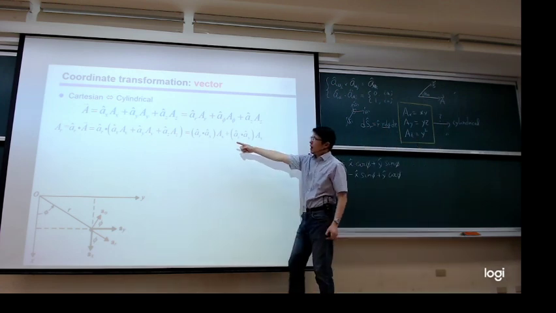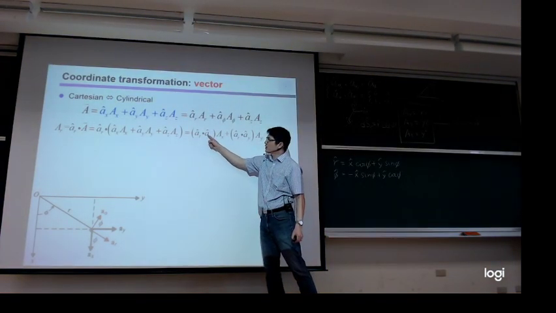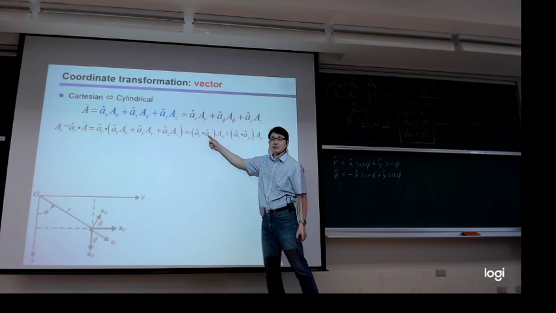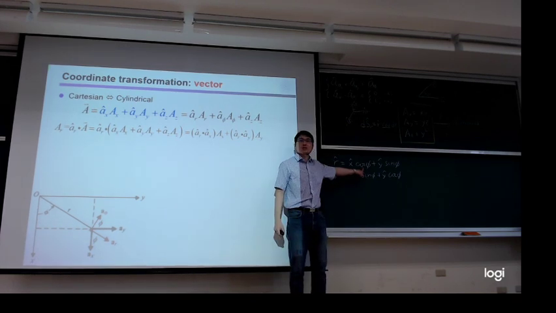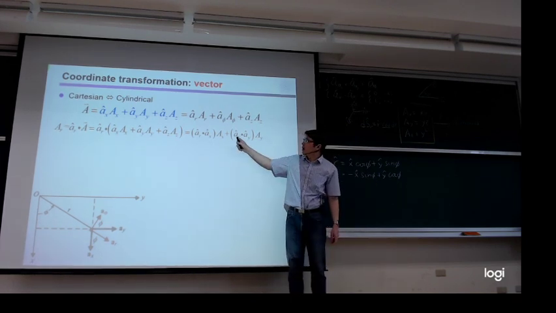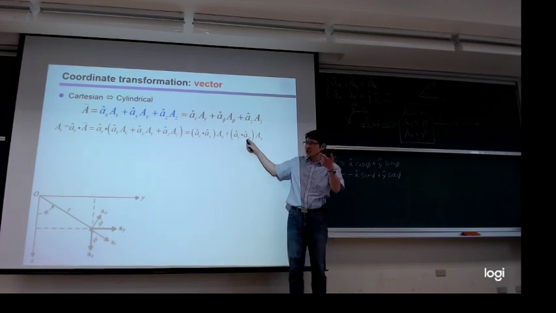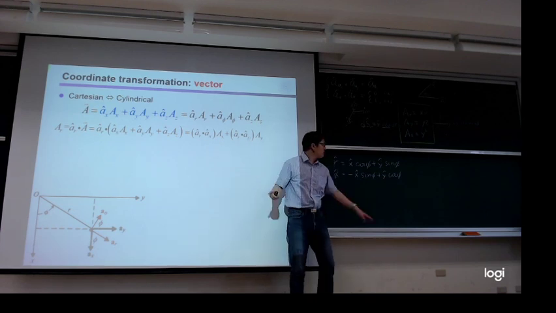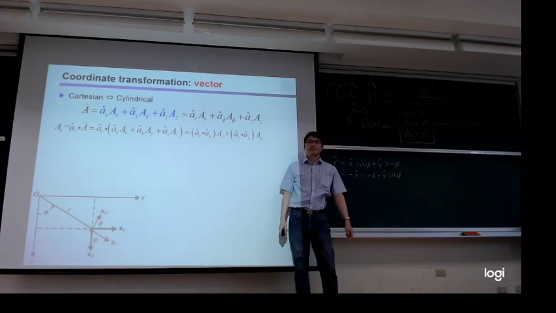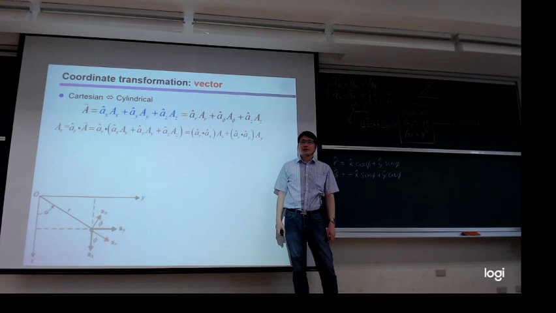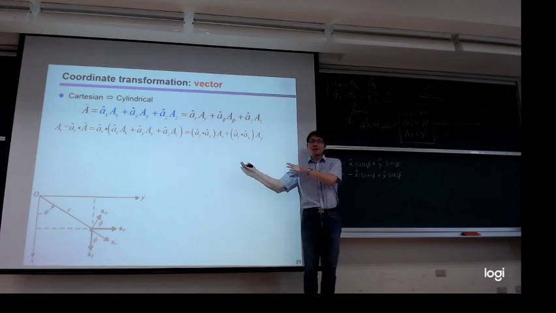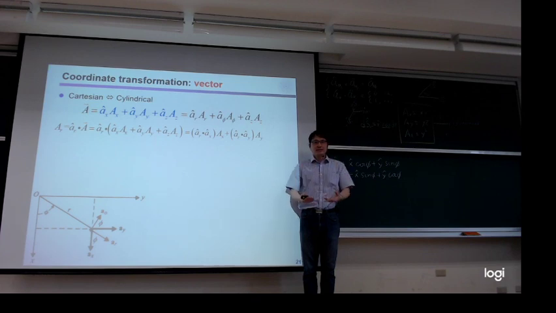So the r unit vector making an inner dot product with the x unit vector is cosine phi. The r unit vector making the inner product, or the projection, onto the y unit vector is sine phi. Okay? So if you compare the PowerPoints and the blackboard, this is what I emphasized.